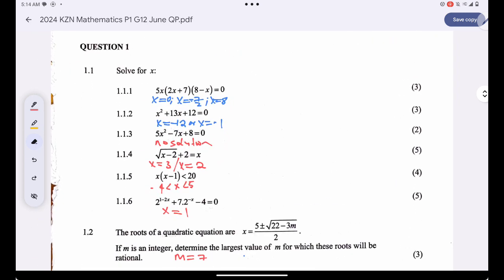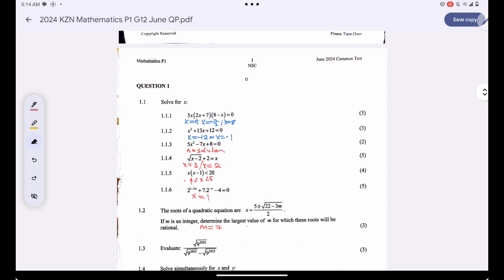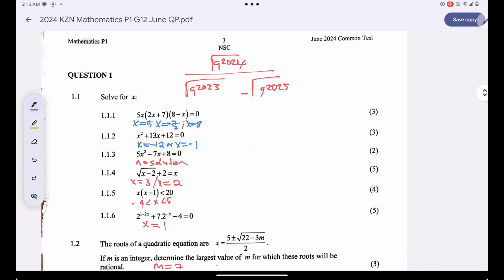The square root of nine to the power 2024 minus the square root of 9 to the power 2025. Okay, I'm supposed to simplify this, right?